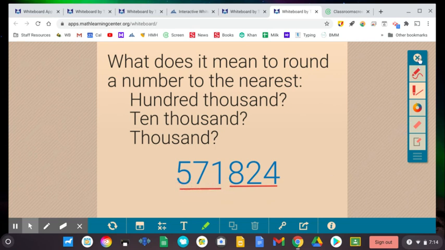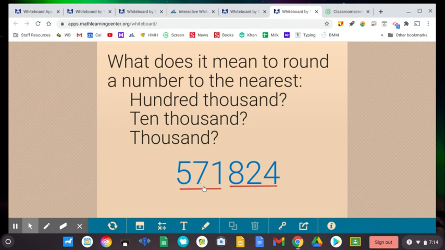So when we pronounce this number, we can see that here's our units, here's our thousands, and if we had numbers to the left, we would have millions. So first of all, we would look at this number and pronounce it. 571,824. So this number is pronounced with these three numbers, the comma, these three numbers.